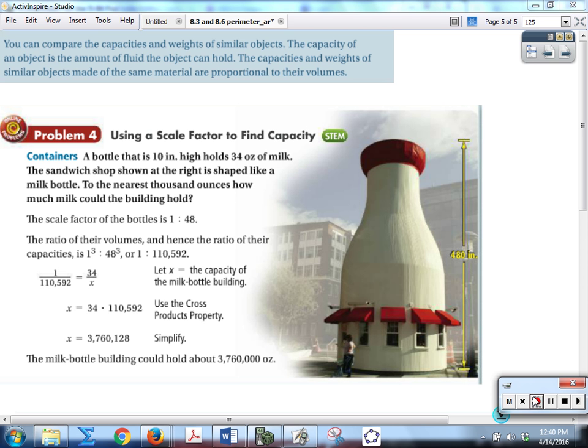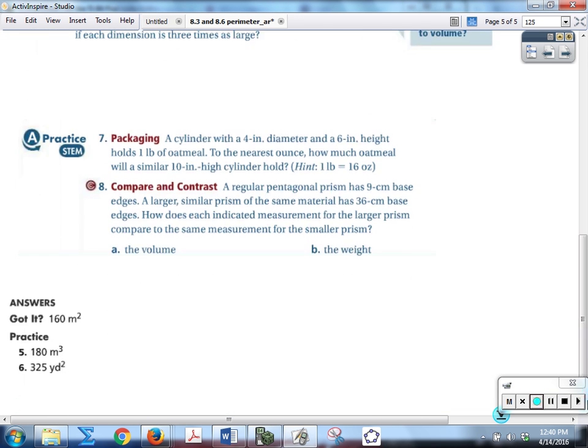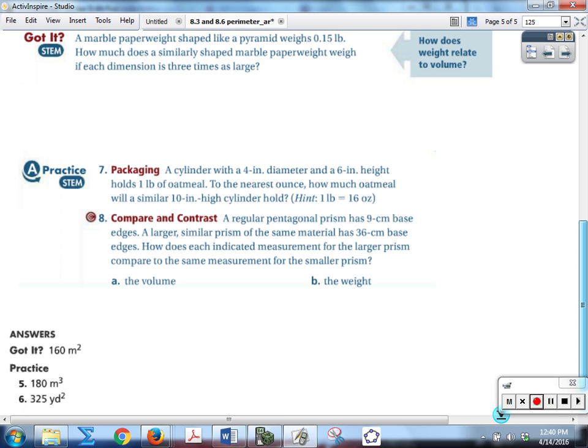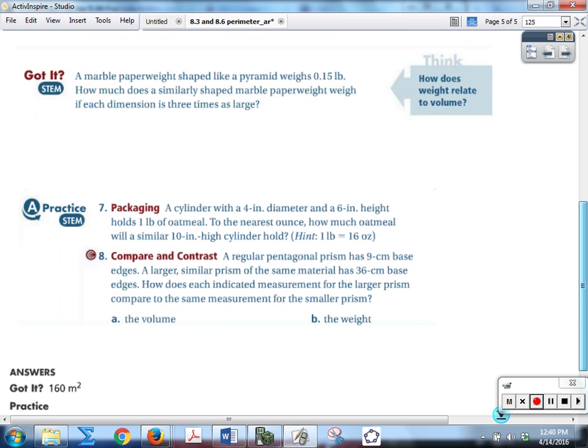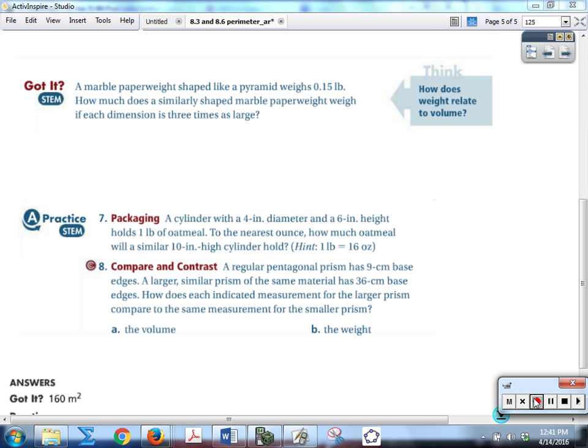Let's see if any of these are fun. What's that? Yeah, if I look at this one, it is saying a marble paperweight shaped like this weighs this much. How much does a similarly shaped marble paperweight weigh if it's 3 times as large?